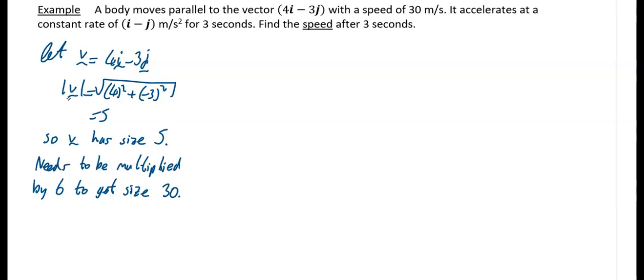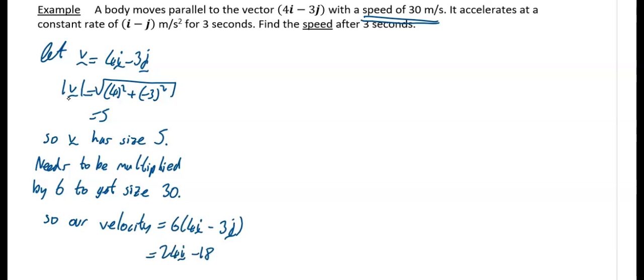Why we're wanting size 30 is because we wanted it to have a speed of 30. Okay, so that means our velocity is equal to 6 times our original thing, so 6 times 4i minus 3j, and when you do it out, what you're going to get is 24i minus 18j meters per second.